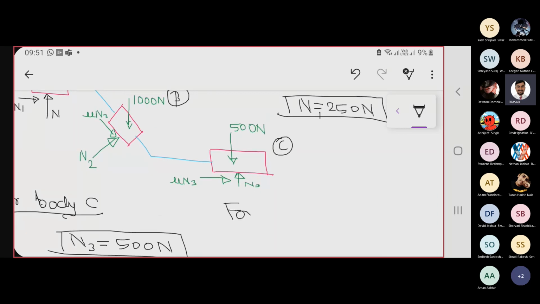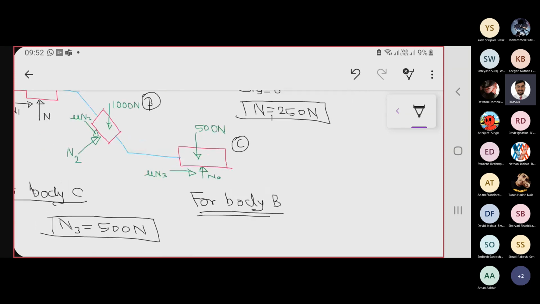And for body B, this 1000 is resolved into 1000 cos theta and 1000 sin theta. So N2 is equal to 1000 cos theta, whatever angle theta.